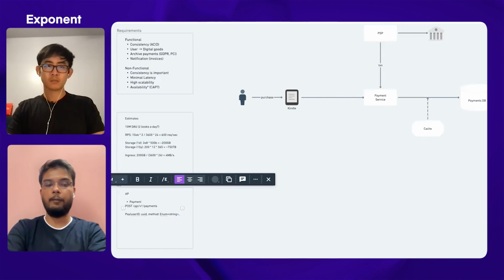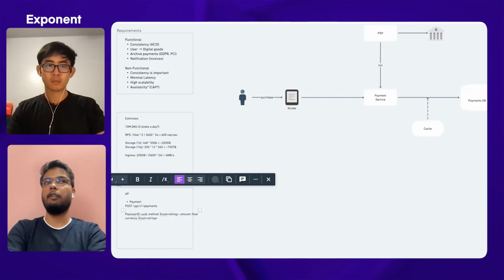And we will have the amount. And finally, we will also have currency. So currency will also be an enum of string. If I'm remembering, it would be an ISO 4217 string, which is the standard currency notation.